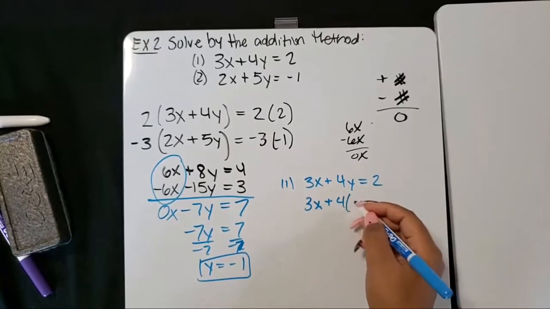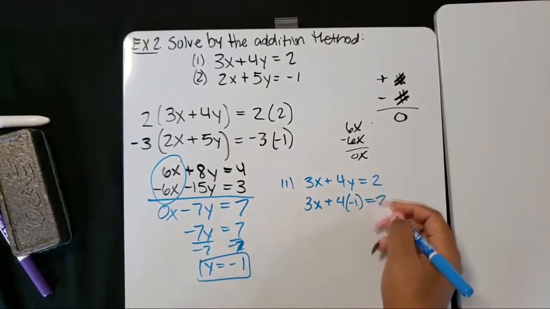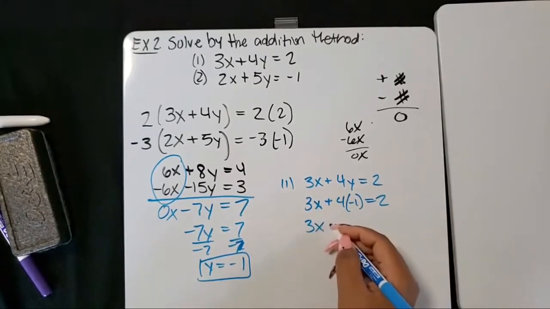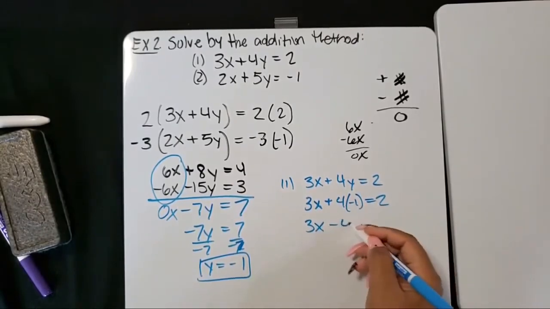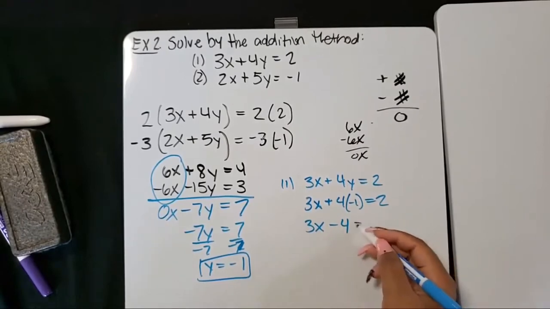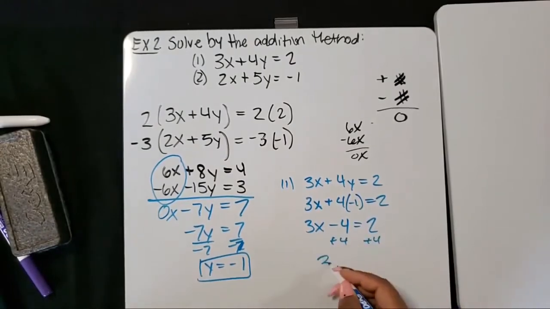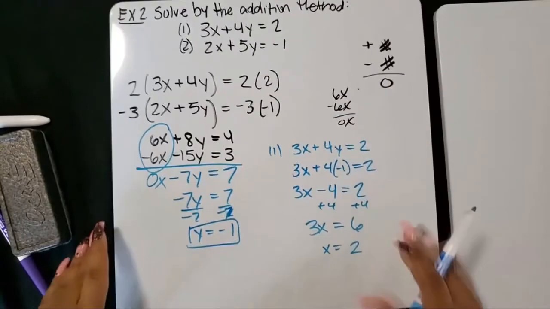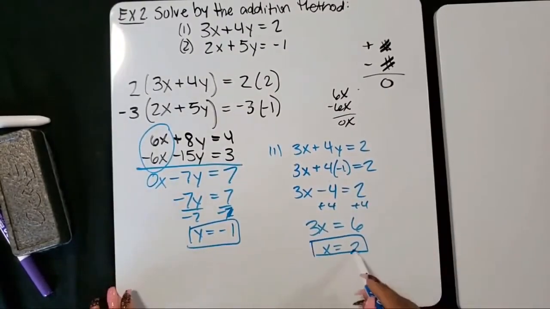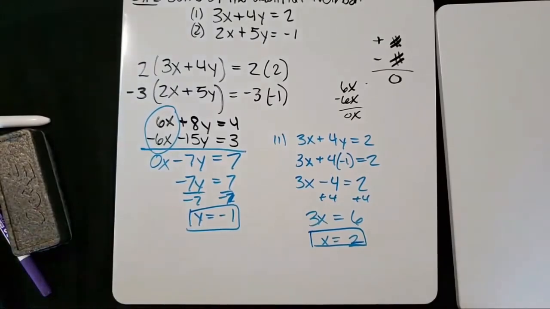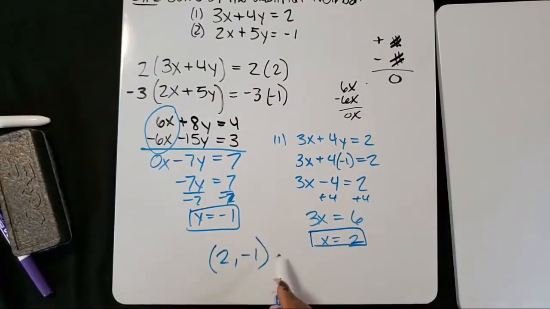So we got 3x plus 4 times negative 1, which is now minus 4, equals 2. And I'm going to add 4 to both sides. So we got 3x equals 6. So x equals 2. Okay, so because we have an x and a y, our exact point of intersection is 2, negative 1.